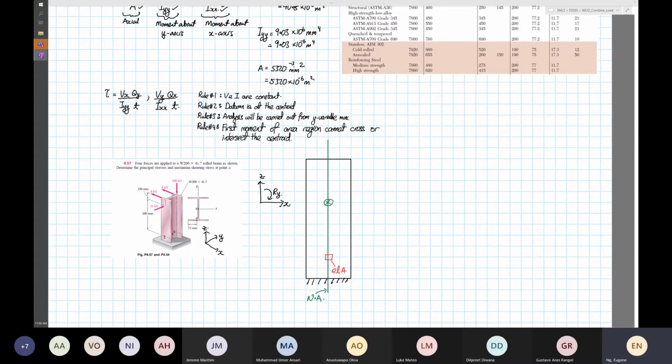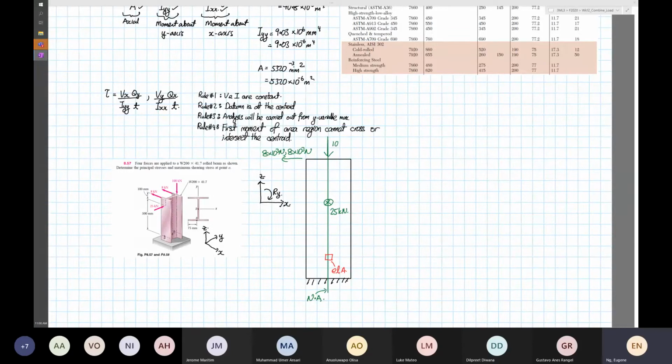Okay. So we have something somewhere around here. This is going in at 25 kilonewton. And then we have 8 kilonewton times 2. 8 times 10 to the power 3 Newton twice. And then you will have a vertical one coming in. And this is coming in at, oh, sorry, I'm colorblind.